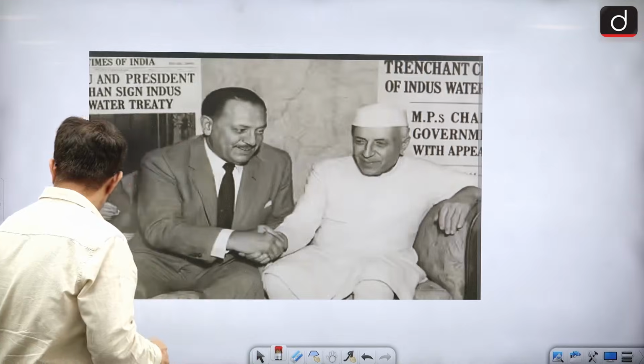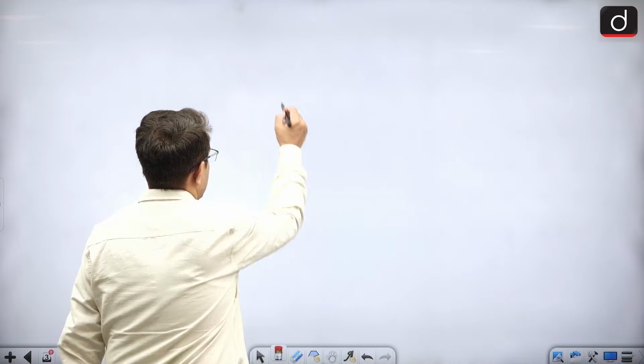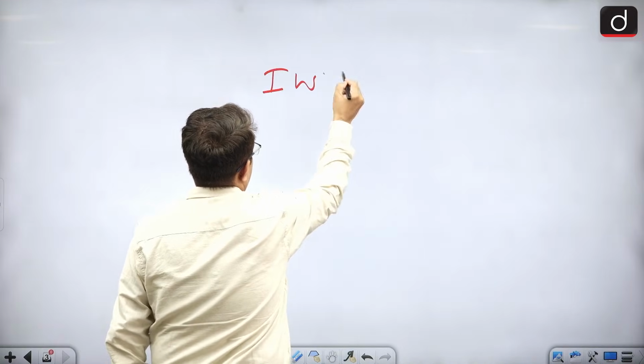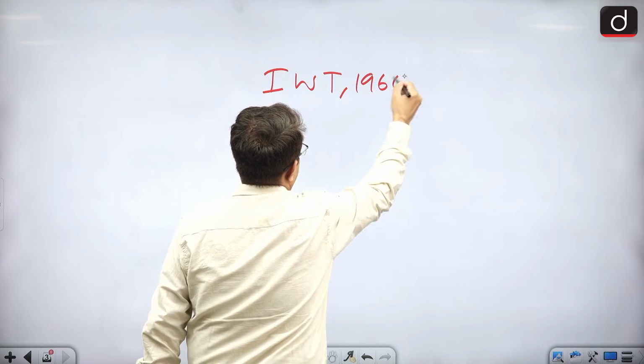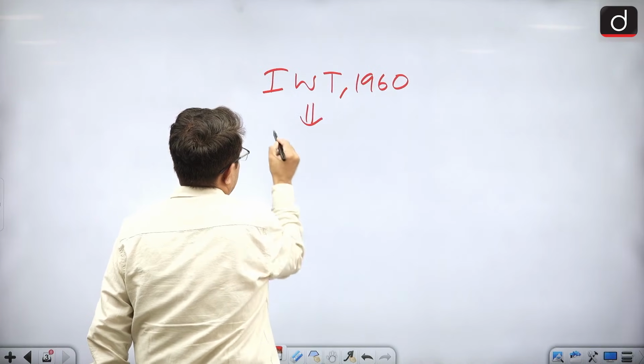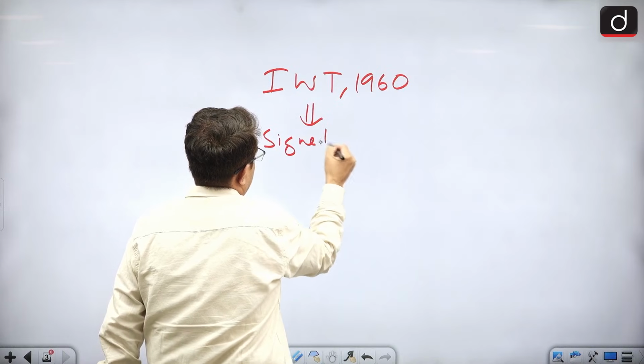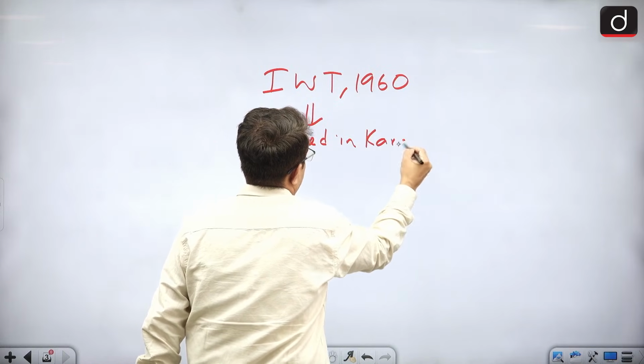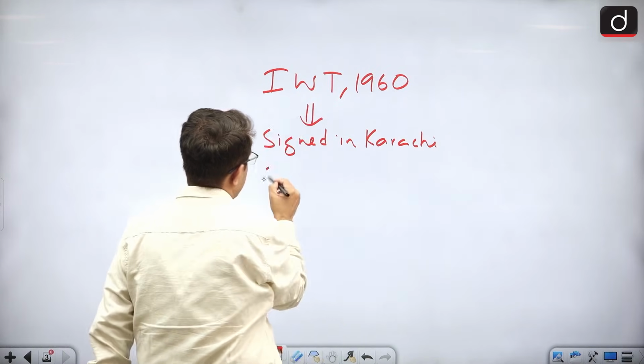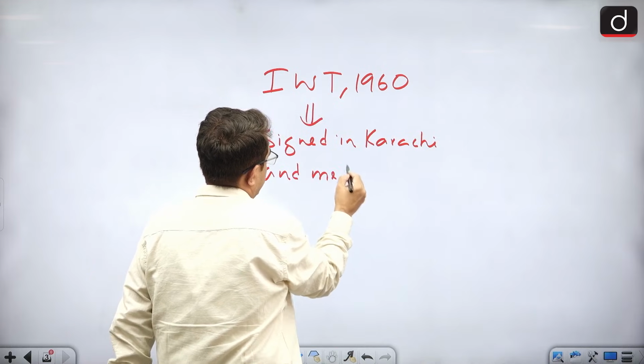Now let us try to understand what is the issue in Indus Waters Treaty. So Indus Waters Treaty 1960, it was signed in Karachi and mediated by World Bank.